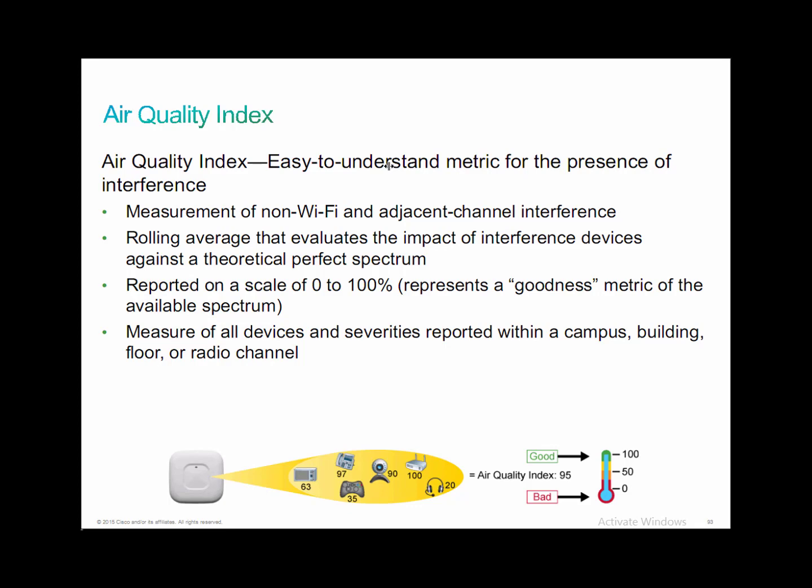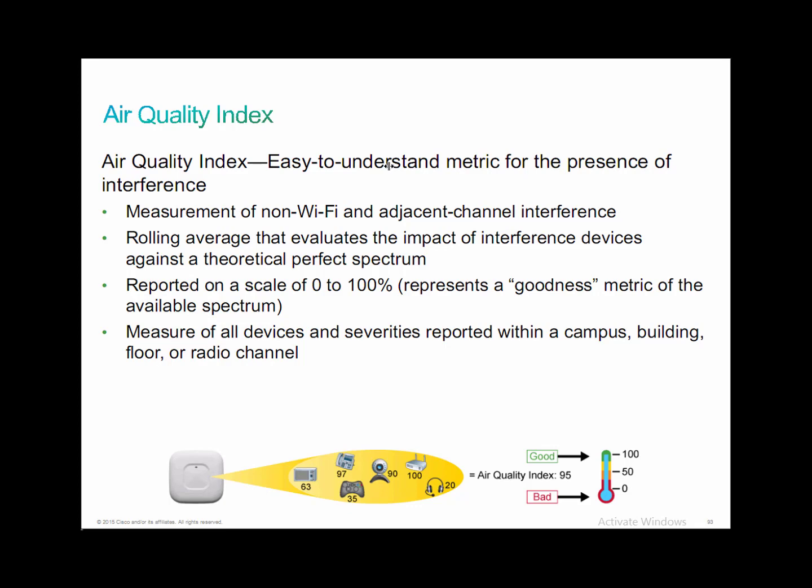All energy within the spectrum that is definitely not Wi-Fi has to be accounted for, and we have to classify that information. So the system actually interprets energy that's modulated as 802.11 traffic, and it classifies that energy as co-channel energy or adjacent channel energy.